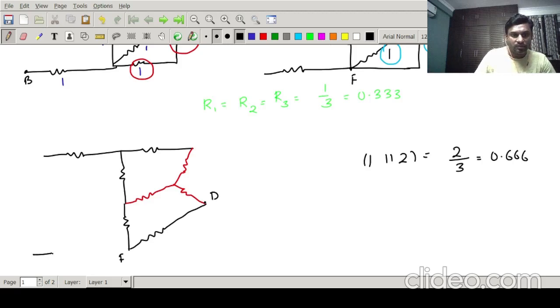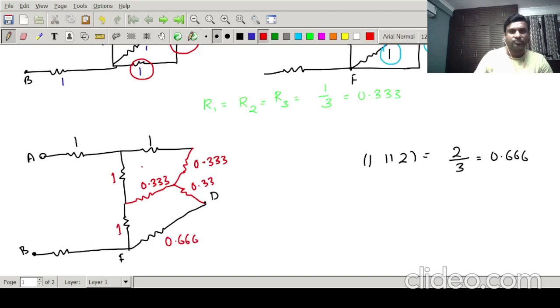By rewriting this, this is the node A and this is the terminal B. This is 1, this is 1. By converting delta to star, I get 0.333, also 0.33, also 0.33, and this one I am getting 0.666, and this is 1, this is also 1.